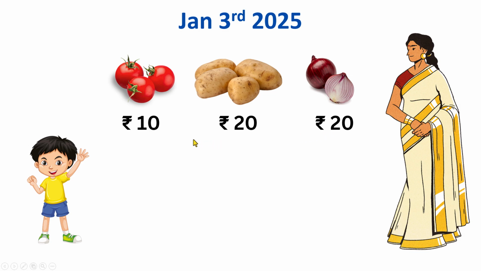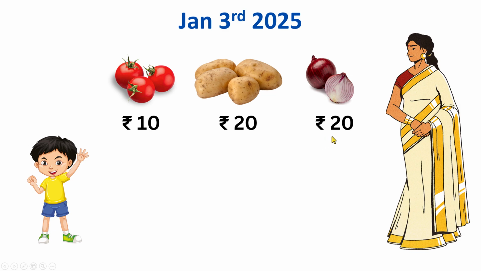Now, when you come back home with the vegetables, your mother asks you, what is the price today? And once again, you can say that tomato costs 10 rupees per kg, potatoes cost 20 rupees per kg, onion costs 20 rupees per kg.